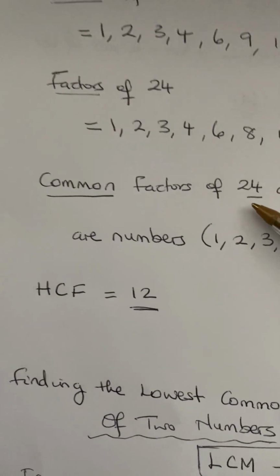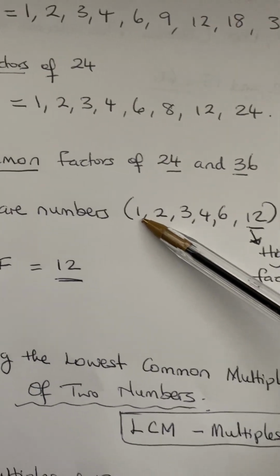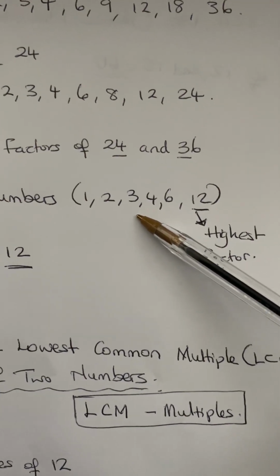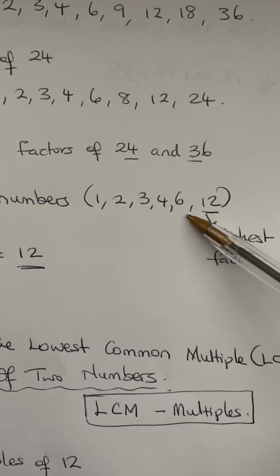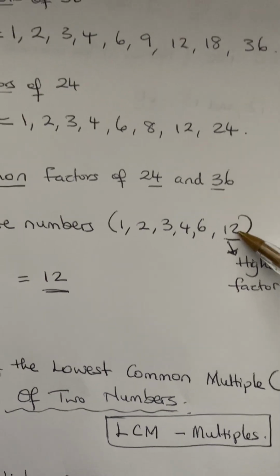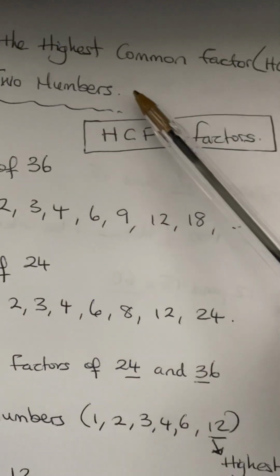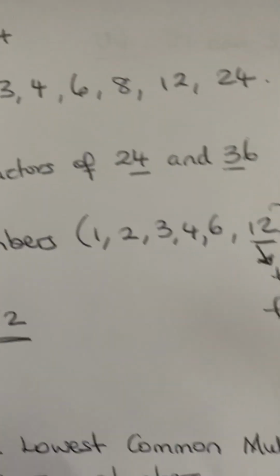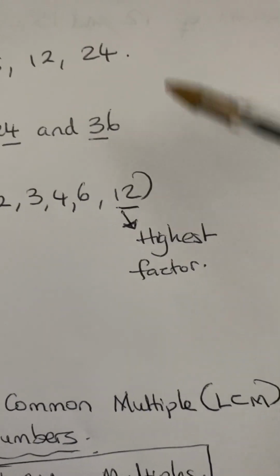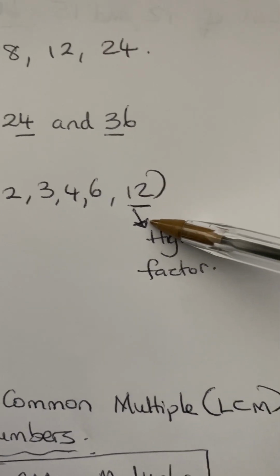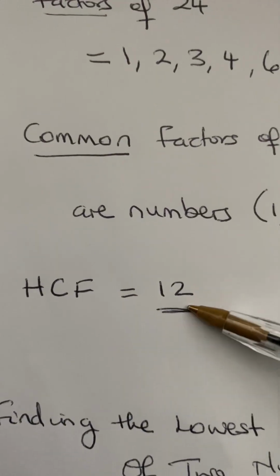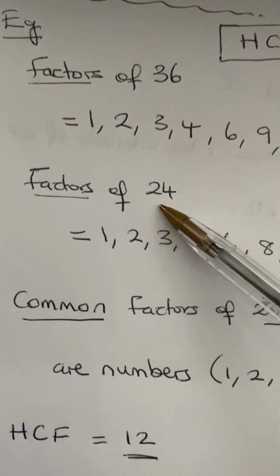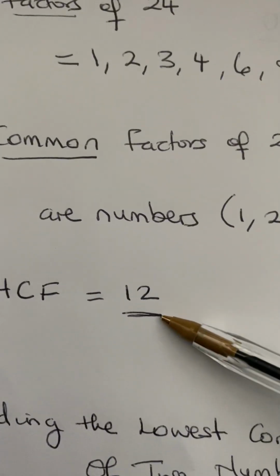So as you can see, 1, 2, 3, 4, 6, and 12. But here we want the highest common factor, and the highest factor for both numbers is 12. So the highest common factor of 36 and 24 is 12.